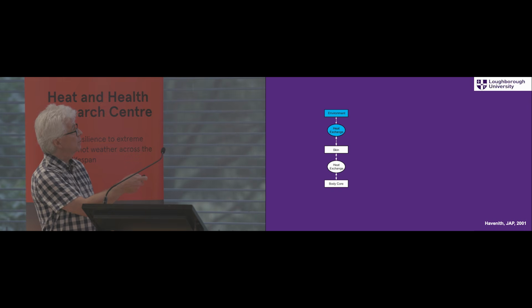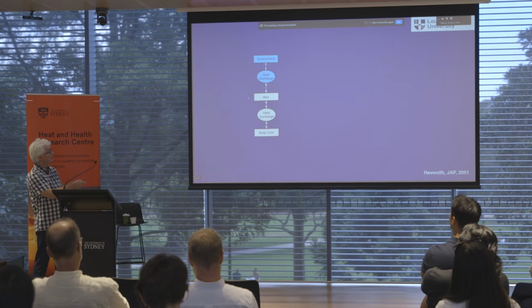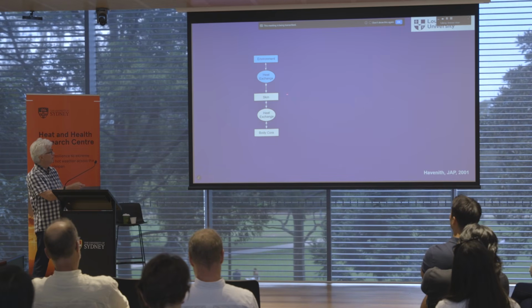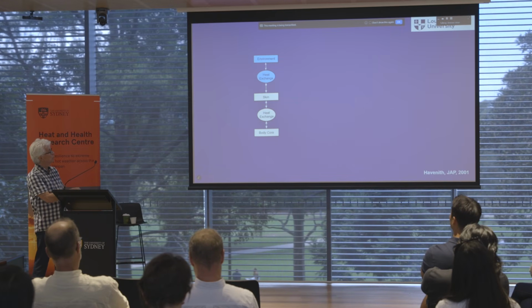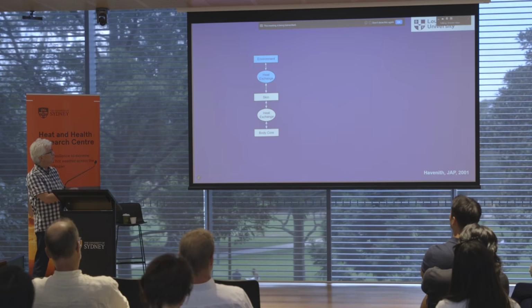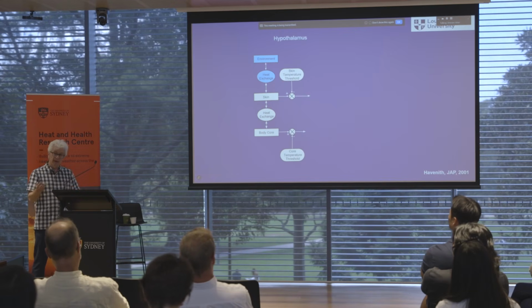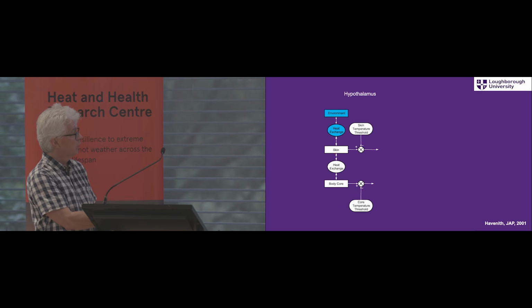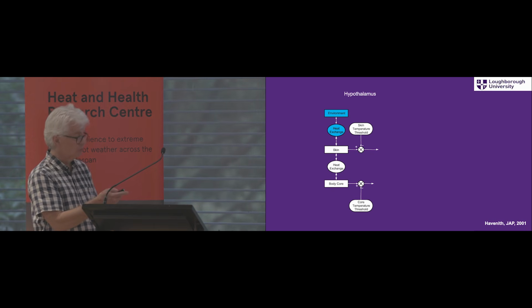You have the environment, just like in the previous slide, and there's a heat exchange with the skin. Again, convection, conduction, evaporation, etc. You've got a skin layer, you've got a body core, and you've got heat exchange between the two. Then, depending on what kind of model you look at, you send signals to the brain. You might have a skin temperature threshold for action and a core temperature threshold for action, and they are then sent to the effector responses.